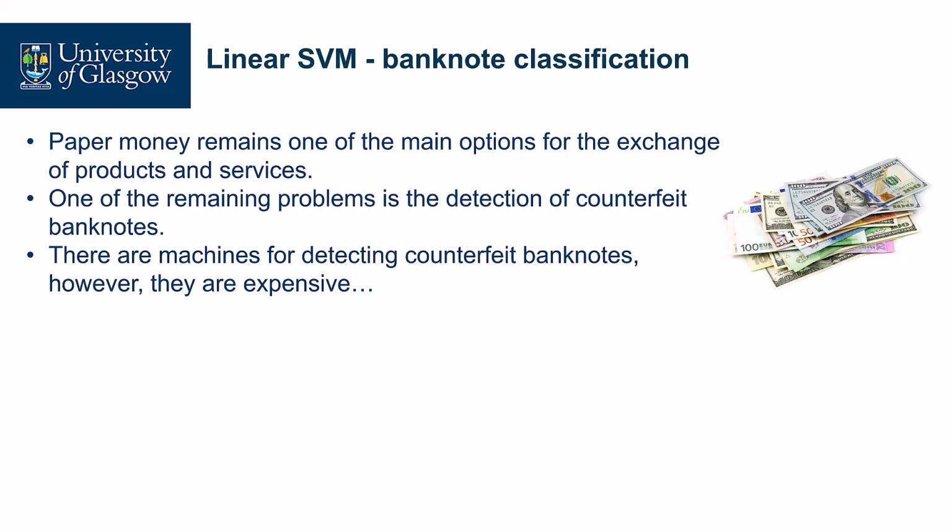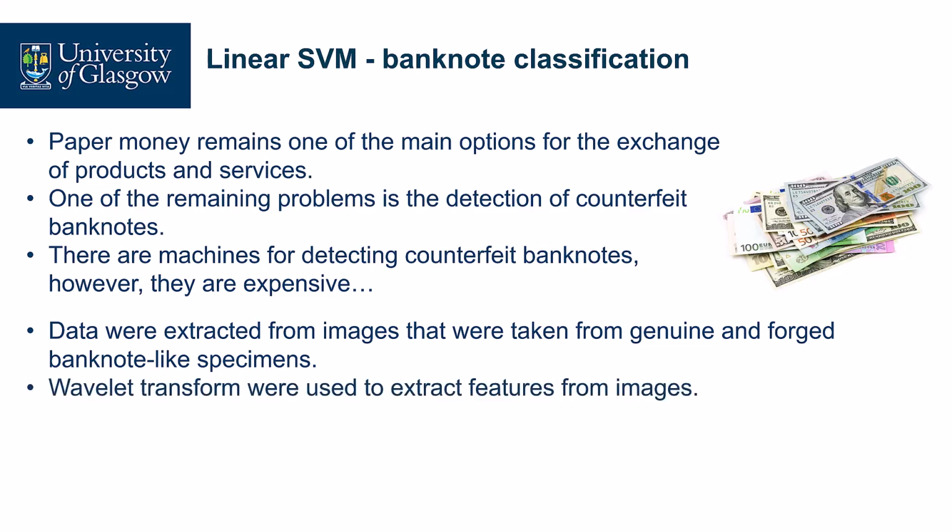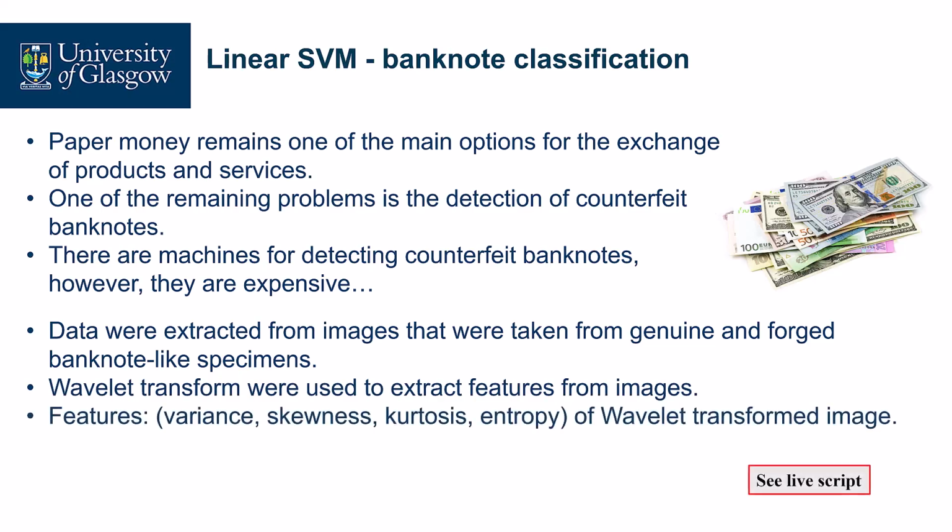So you are the data engineer. Suppose you are the data engineer to undertake this task. The data were extracted from images taken from genuine and forged banknotes. For these images, we use a wavelet transform to extract features. And the features are what?